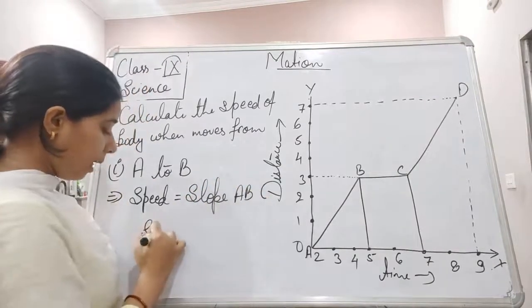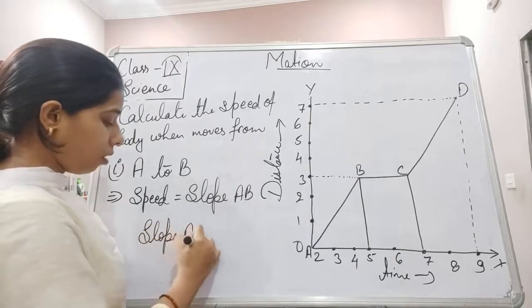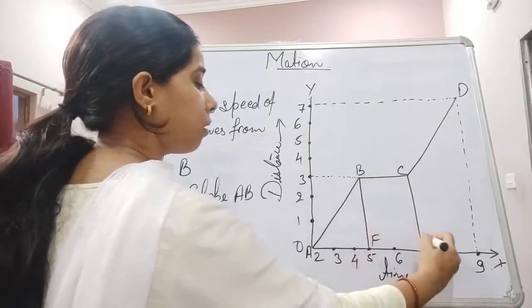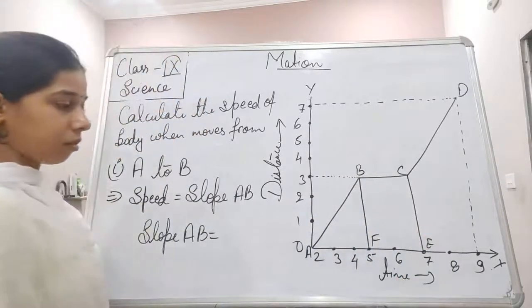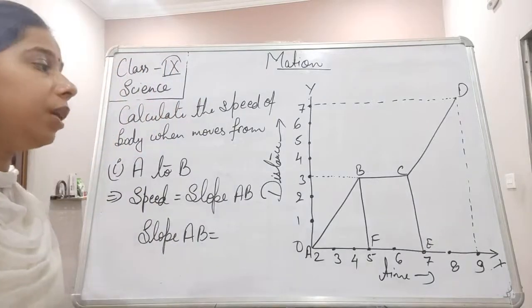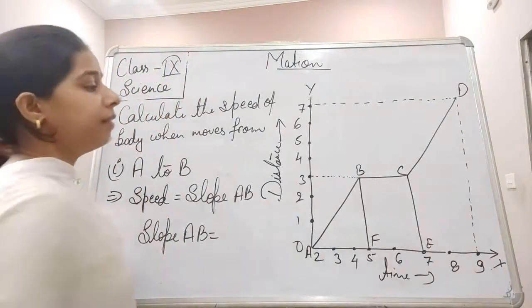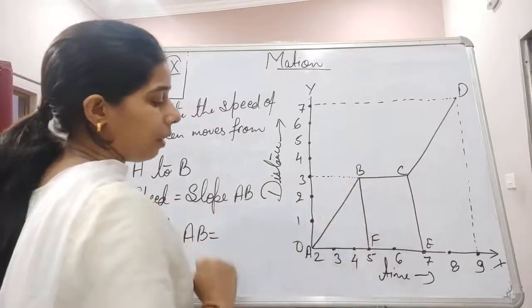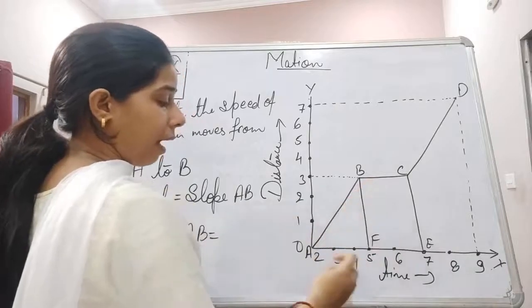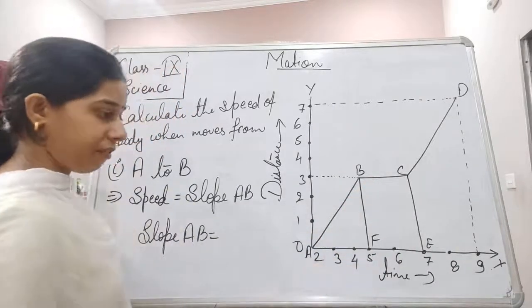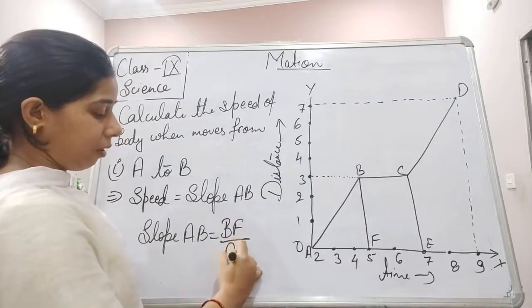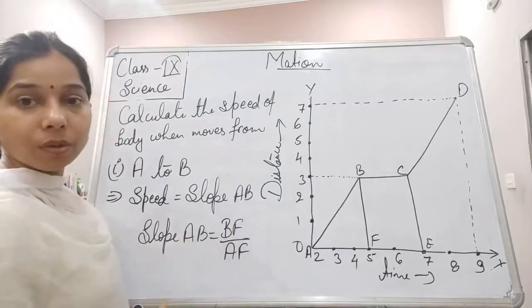Now this slope AB, you know, suppose this is F and this is E. So this slope AB will be equal to BF upon AF.